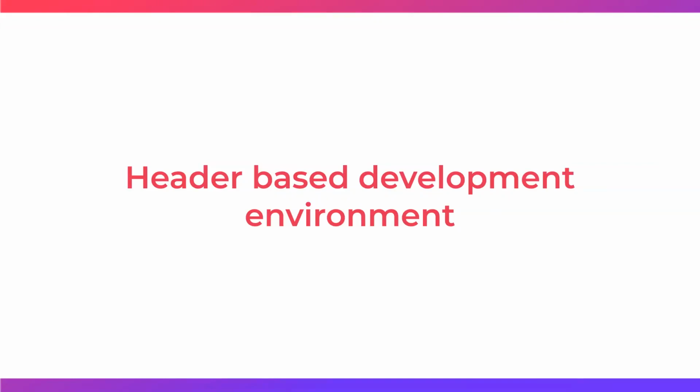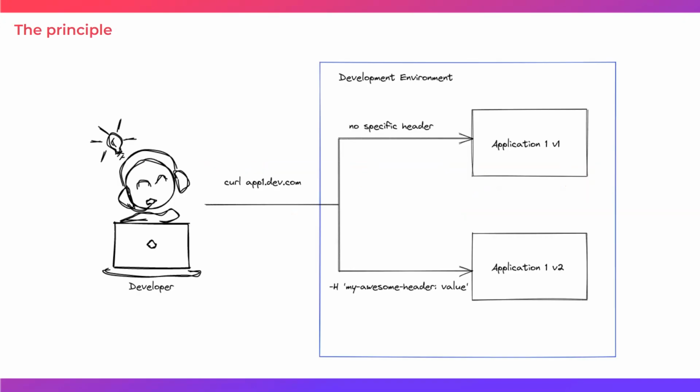So with all this, we asked ourselves what we could have done better, and we actually implemented it afterwards. So the idea was not to have one development environment per team, but having only one development environment and be able to deploy, for an application, two versions at the same time, and just route to one or the other version only using a header.